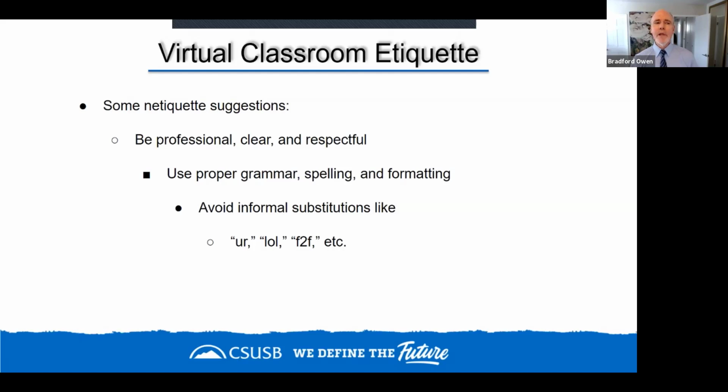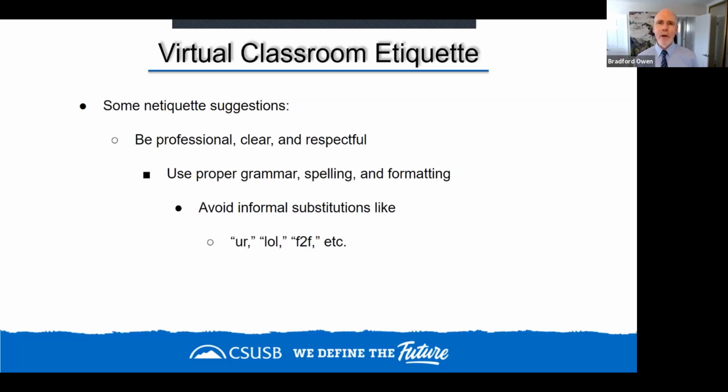So part of being professional in written communication online is to use the rules of more formal written communication, more so than we use in our typical daily informal social media communication.